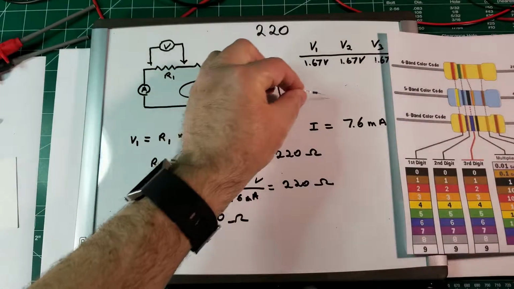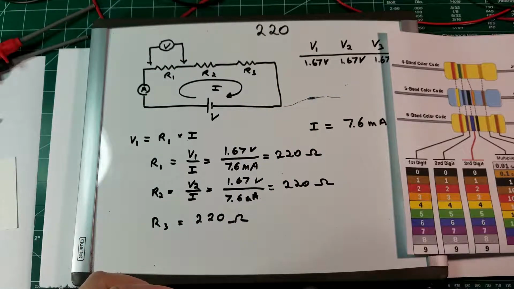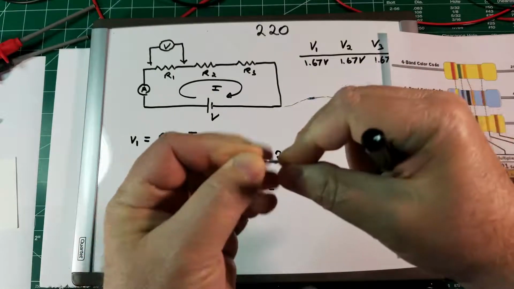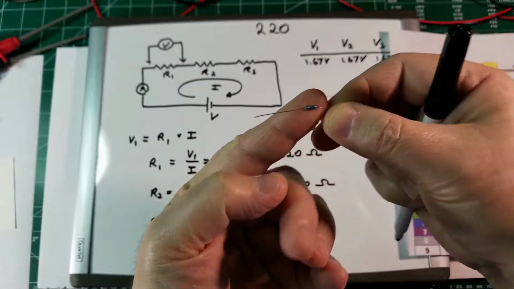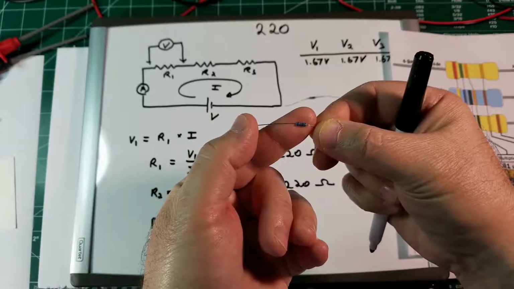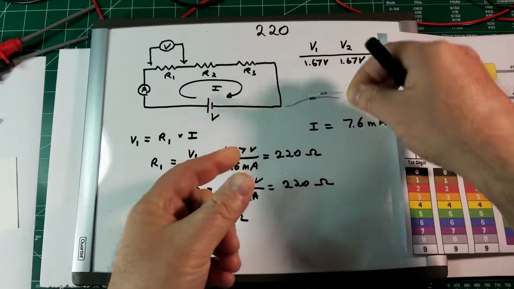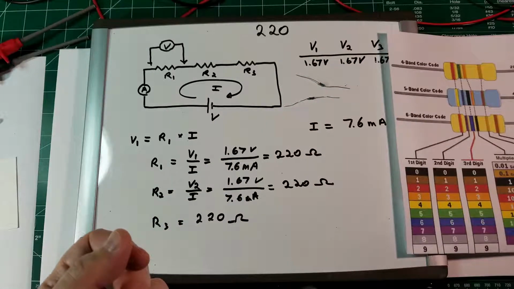So done with this resistor, let's check the other one I used. And here we go. Let me pull it up from the circuit. Here it is. And again, as you can see, there is a red, red, black, black. So this is the same resistor, 220 ohms.